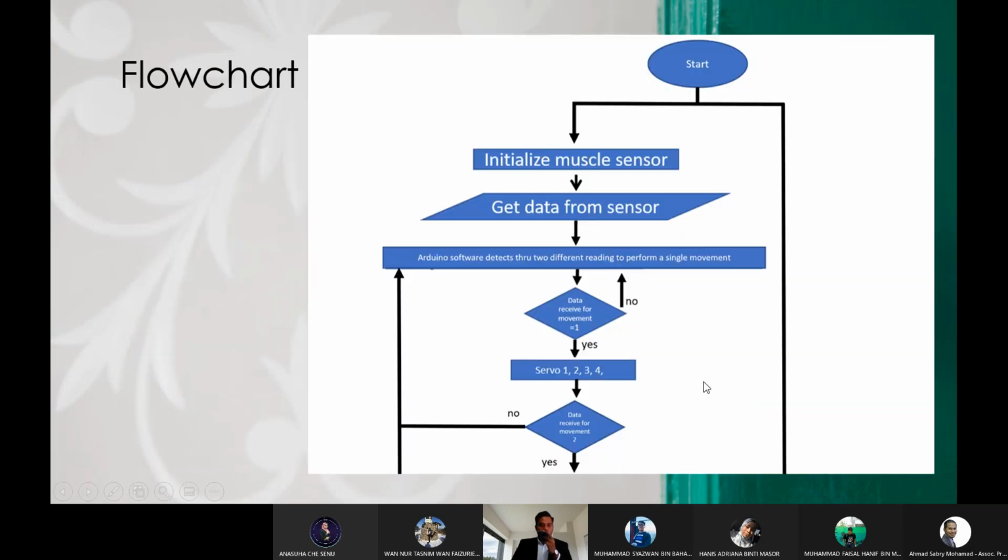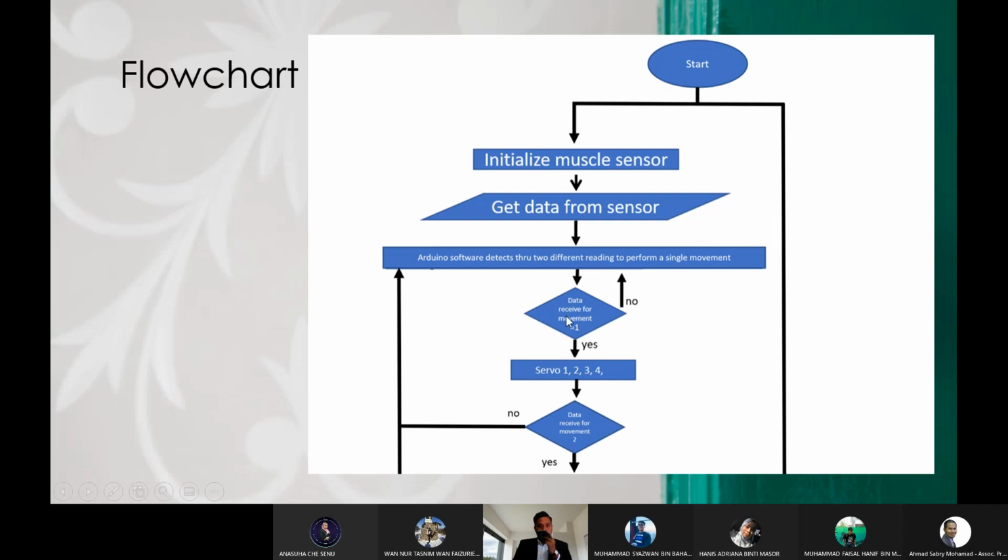This is the flow chart of the project. The first step is to initialize the muscle sensor and get data from the sensor. Arduino software will detect the two different electrode readings to perform a single movement. As you can see, the three movements are in sequence.